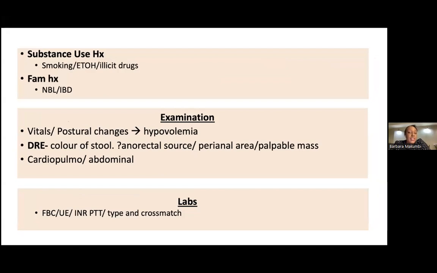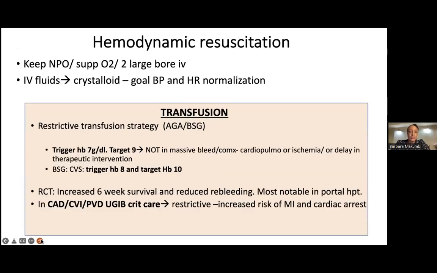Do they have a family history of inflammatory bowel disease, or any family history of colorectal cancer, for example? And clinically, you'd assess them. You do your digital rectal examination, determine the color of your stool, any anorectal sources, masses, look at the perianal area. And labs, you do your full blood count, your UNE, INR, and type and cross match.